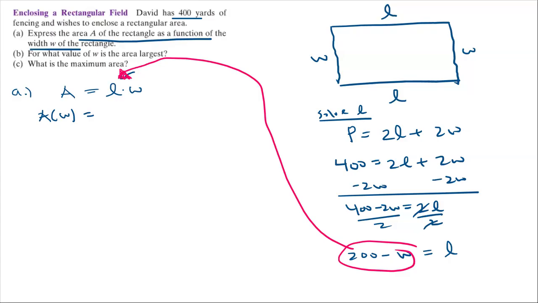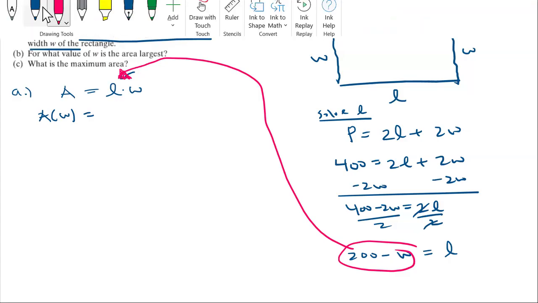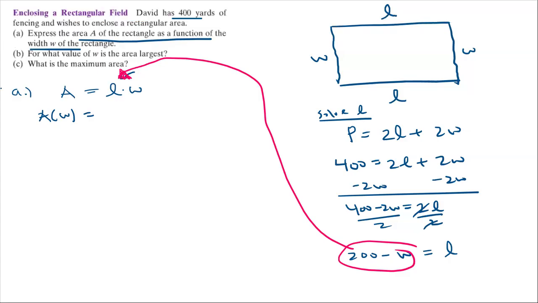Now this is going to be 200 minus W times W. We distribute that W to each term, so that's 200W minus W squared.